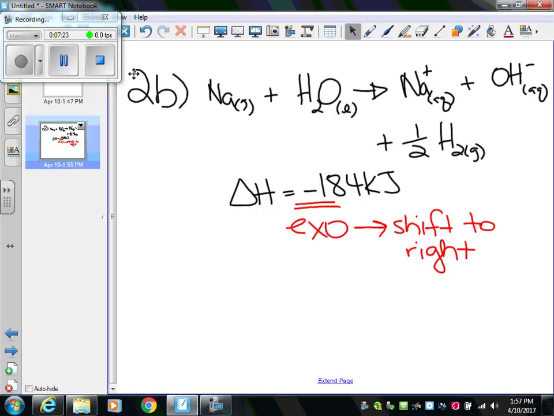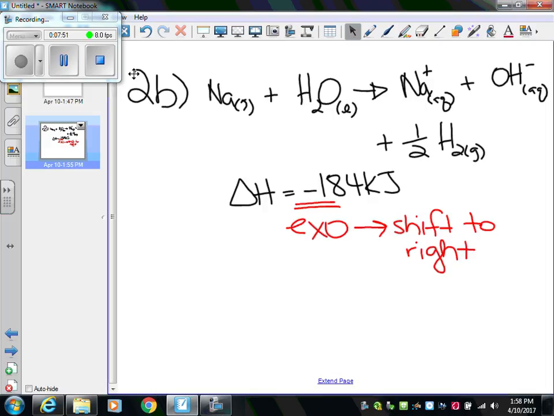So the next thing that we can look at is our moles, to see if there's anything different there, because we're not being told anything about concentration of reactants. So I don't know if there's any increase of reactants or products, so I can't do that first section of the chart. So if I look at this one, do I have any gas?